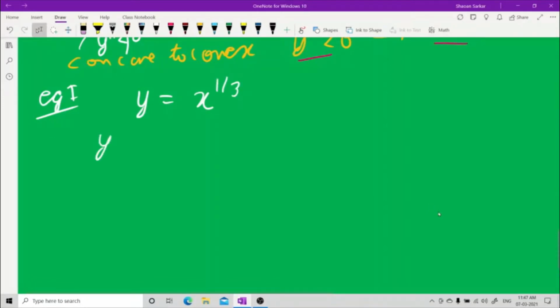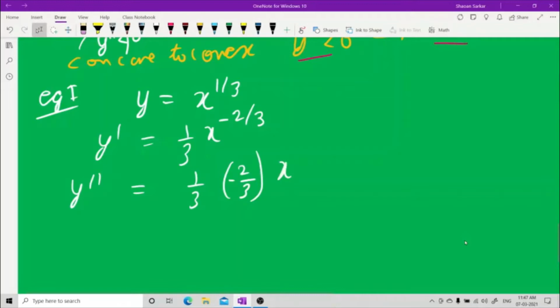Y dash is 1 by 3 x to the power of minus 2 by 3. You know how to differentiate. Now you write y double dash, that is 1 by 3 times minus 2 by 3, x to the power of minus 5 by 3. So this can be written as minus 2 by 9 times 1 upon x to the power of 5 by 3.